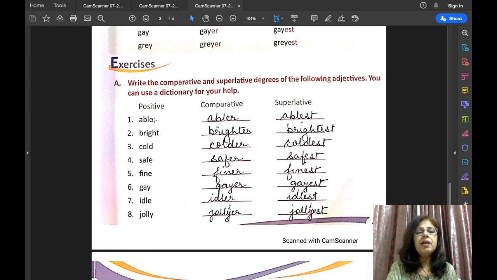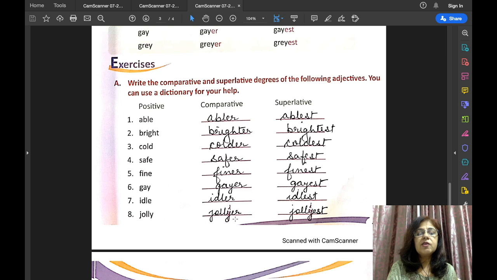Number 1, able, abler, ablest, bright, brighter, brightest, cold, colder, coldest, safe, safer, safest, fine, finer, finest, gay, gayer, gayest, idle, idler, idlest, jolly, jollier, jolliest.